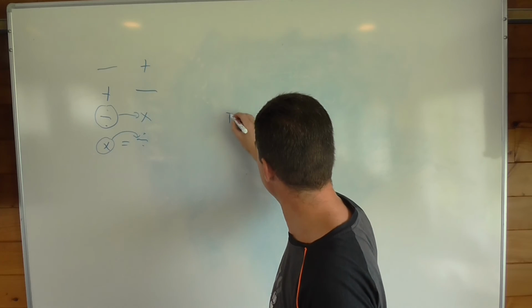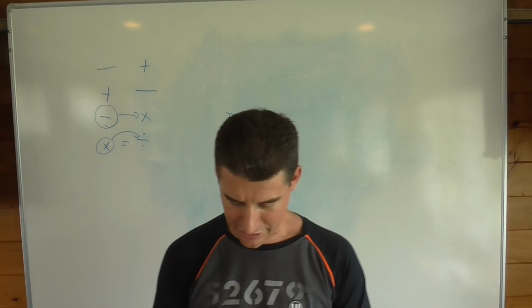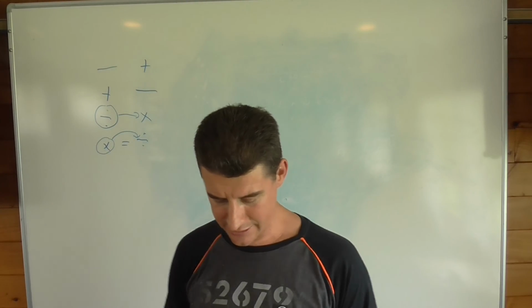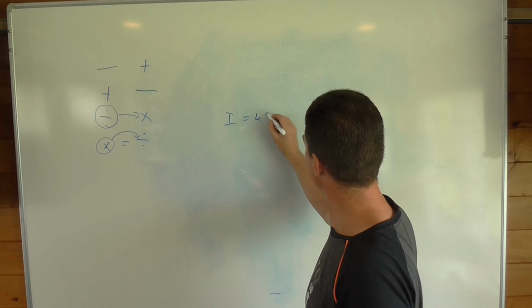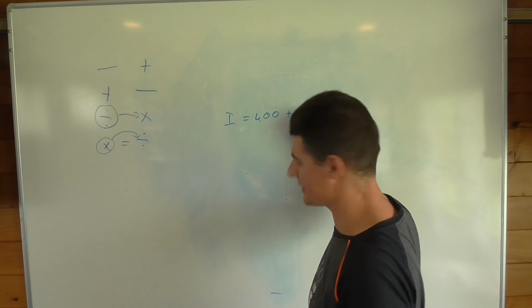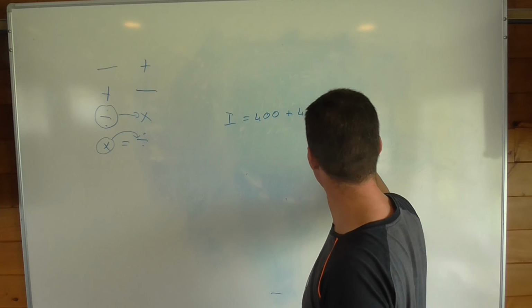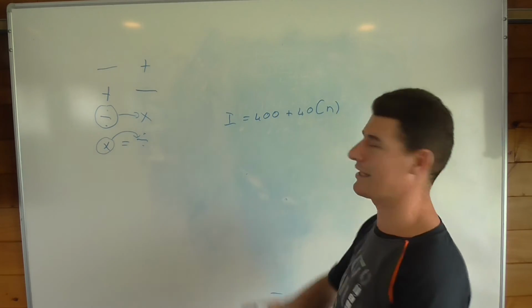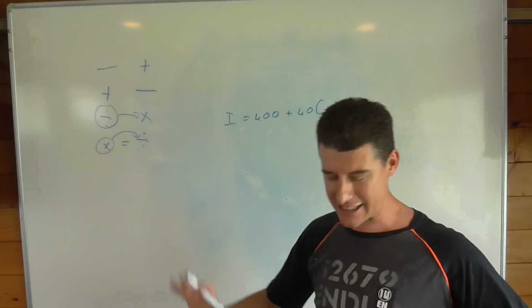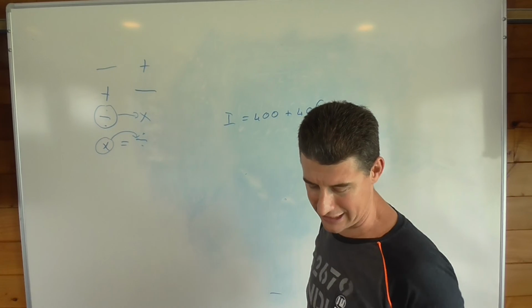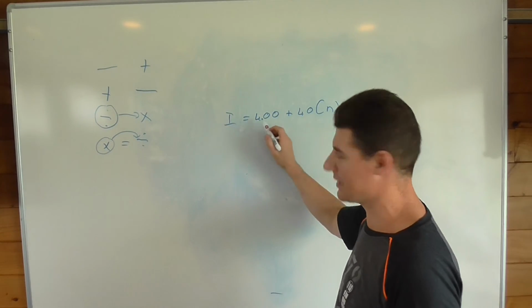So his income is, he's got a standard rate of 400 Rand per week plus he gets 40 Rand for every item he sells. We'll just make that an N, or you can make it an X, or whatever. So I is his income plus 400 Rand.